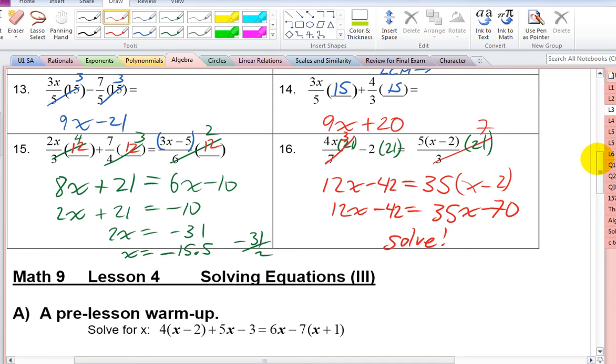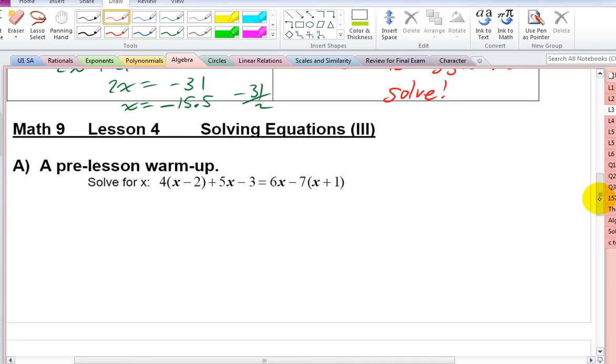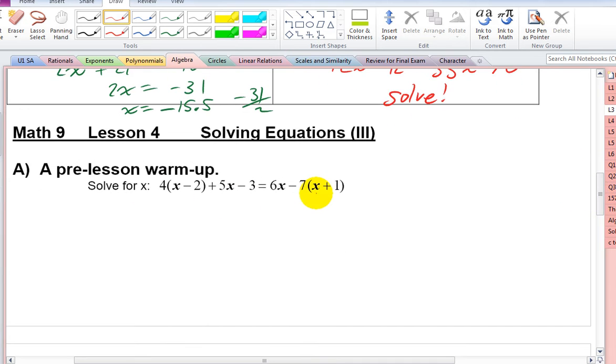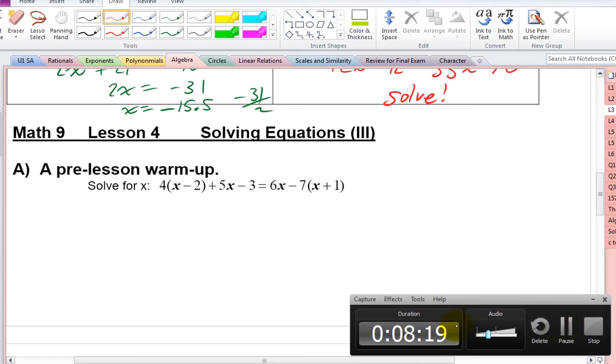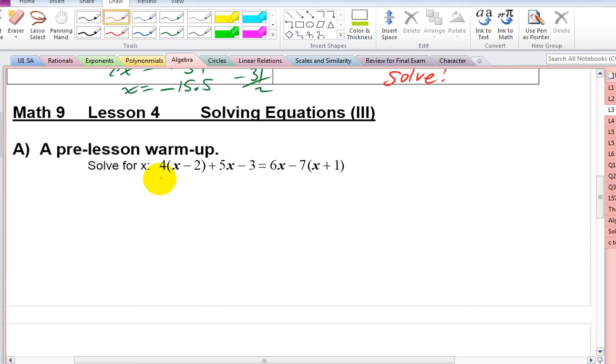Okay. Quick little warm up here. Solve this one. Go. Okay, so 4x minus 8 plus 5x minus 3 equals 6x minus 7x minus 7. Okay, watch out for that minus 7 that I just highlighted.